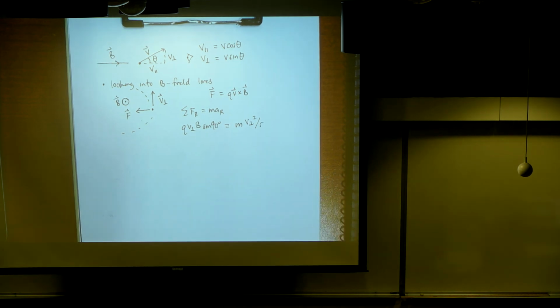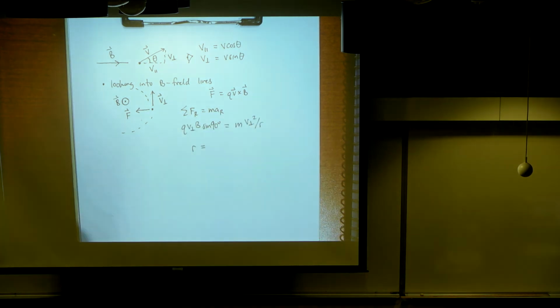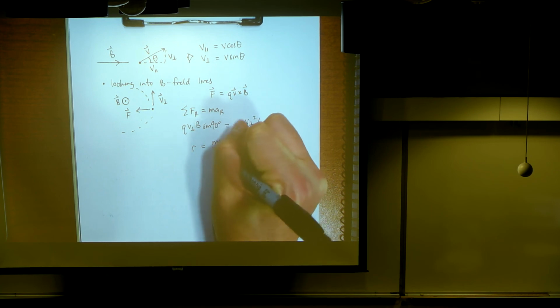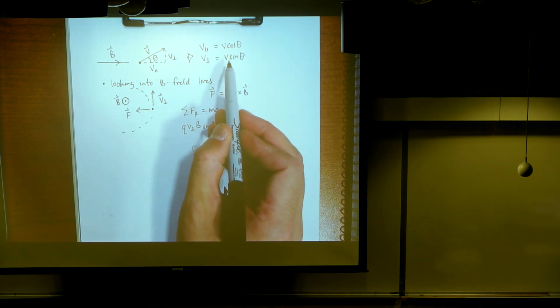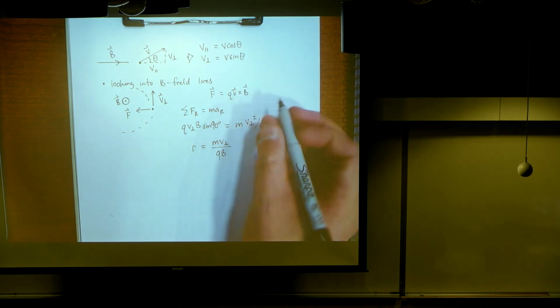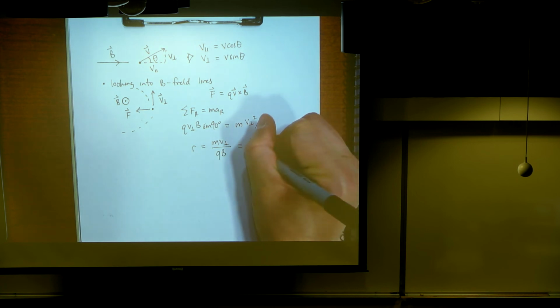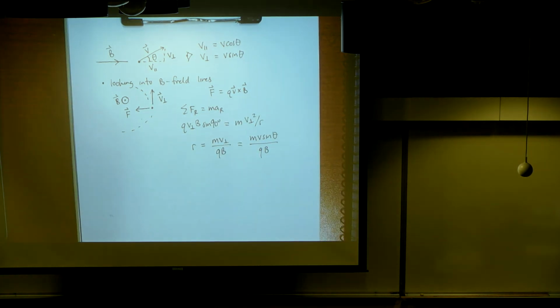Okay? So therefore, if I'm trying to find the radius, that radius is going to be m v perpendicular divided by qB, which, if we go back to the top, v perpendicular is the speed of our particle times sine of that angle theta, okay? So now we have m v sine theta over qB, and we're ready to calculate what this radius is, all right?